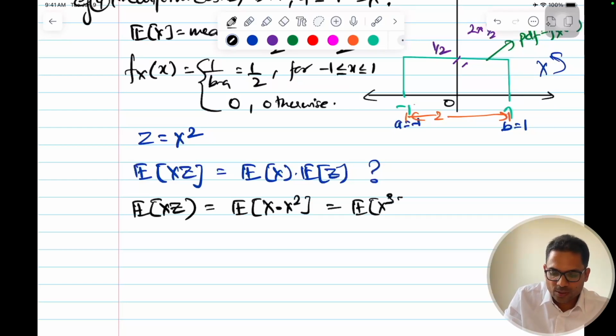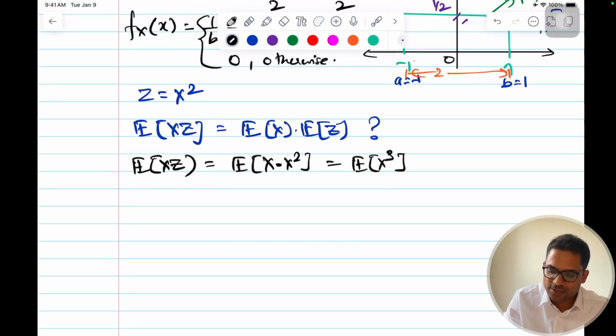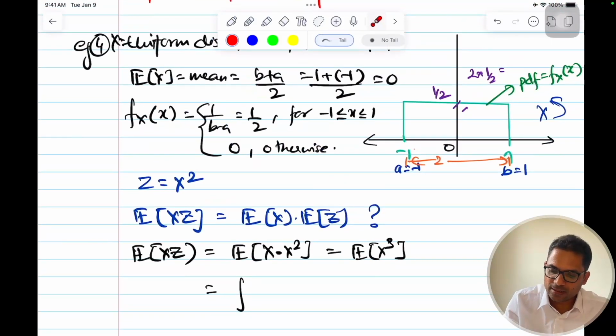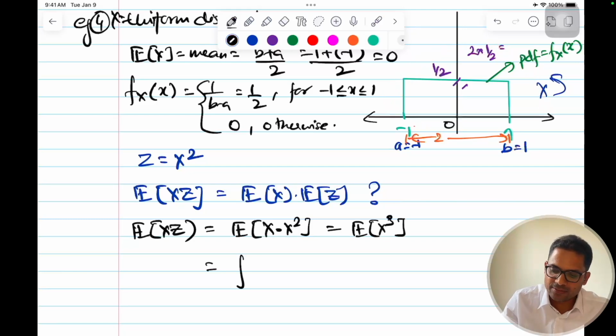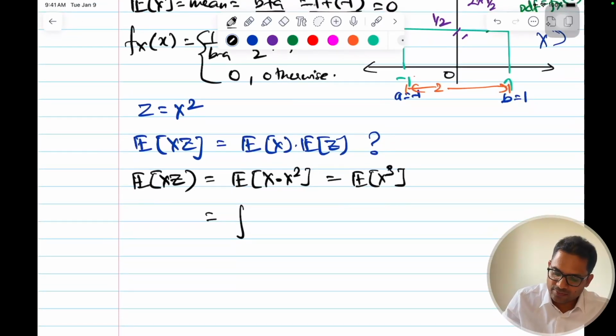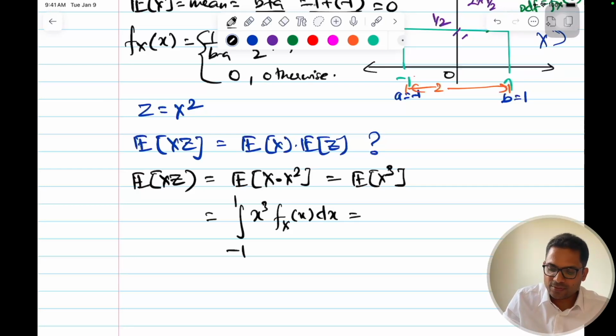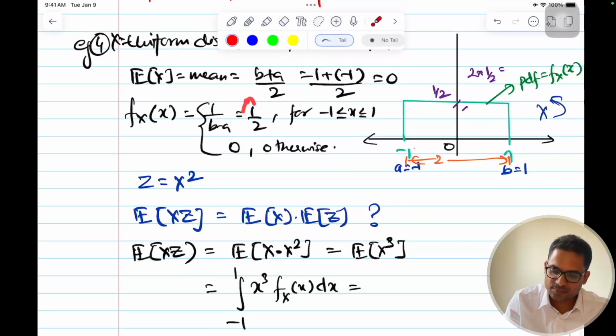What will be the expected value of x cube? For this uniform case, this is defined from -1 to 1, and this is a PDF of a continuous random variable. So it is the integral from -1 to 1 of x cube f of x dx. What is f of x? This is equal to half. You have seen this.